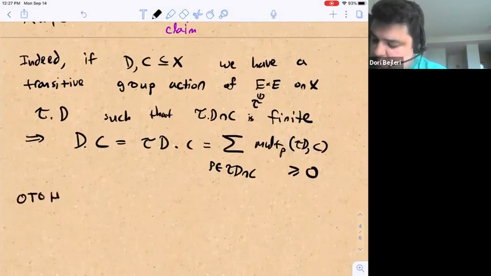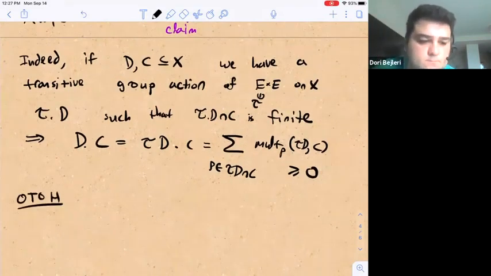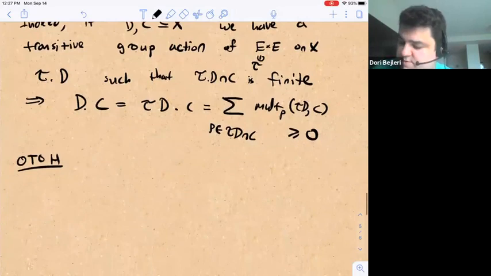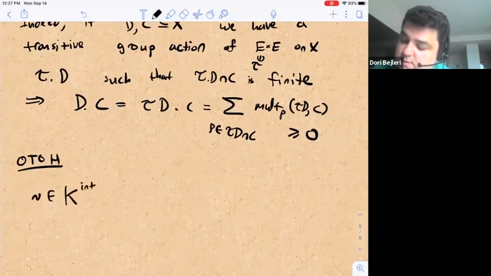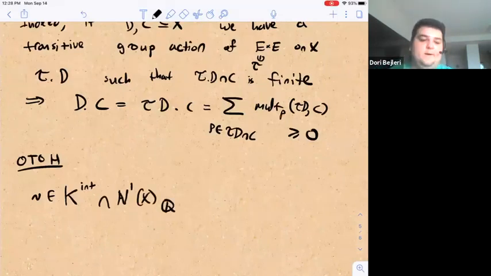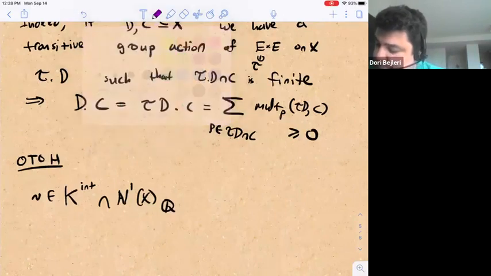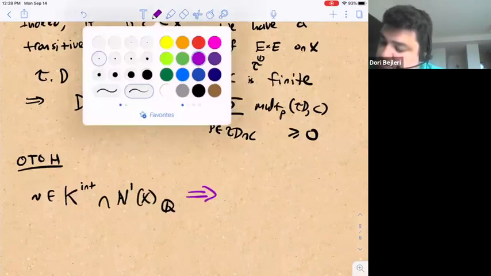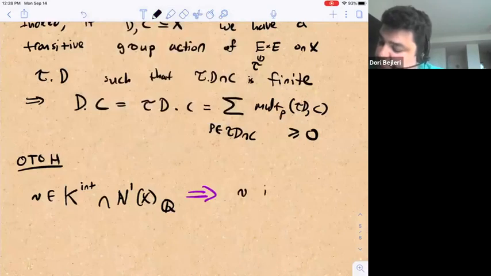On the other hand, we're going to show that if we have some v that's inside of the interior of K, and let's assume that it also has rational slope, then our claim is that this implies that v is effective.